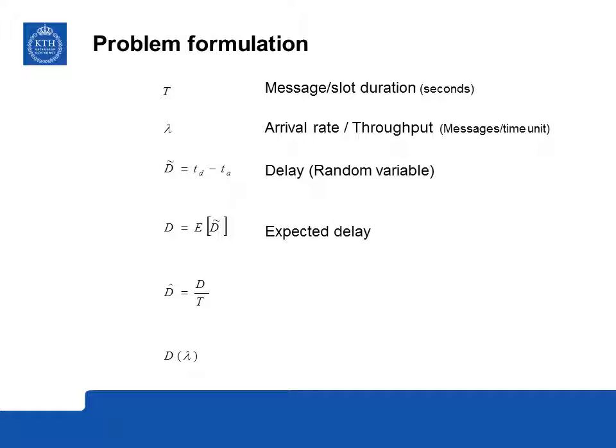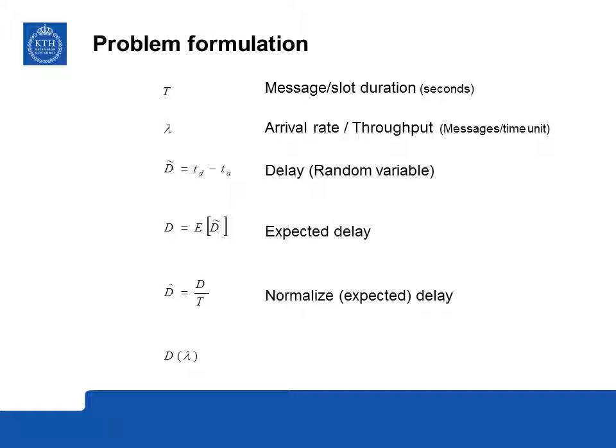The most important property we will look at will be the expected delay, or the expectation of the random variable d tilde, denoted d without the tilde. And sometimes we will explicitly normalize this to the slot time, and call this d hat, which is then the delay per time slot.